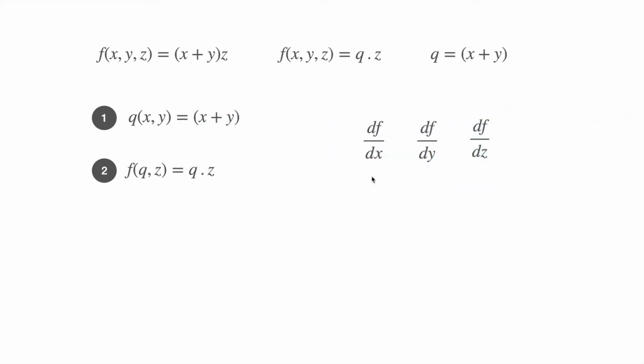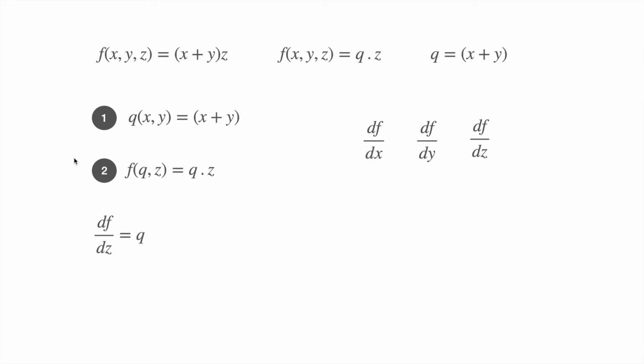Our aim is to find the derivative of the function with respect to x, y and z. Note that function f takes q and z as inputs and produces q into z as output. We can't directly take the derivative of the function with respect to x because there is no x and y here. So we have to follow something known as the chain rule. Let's start with the second step.